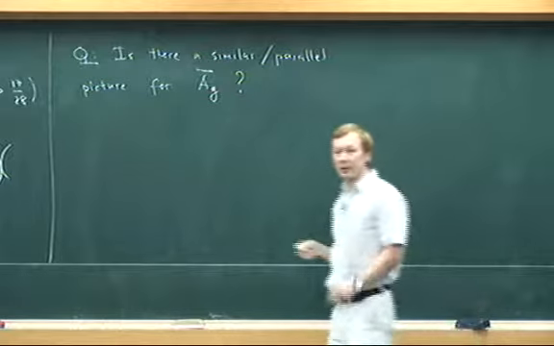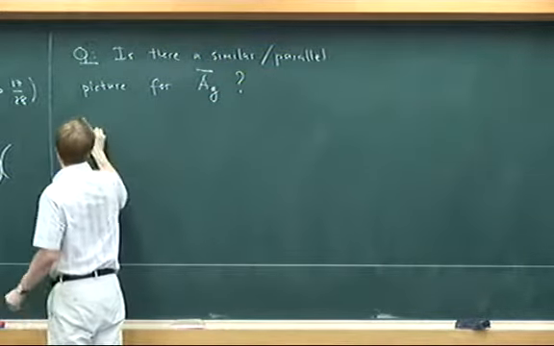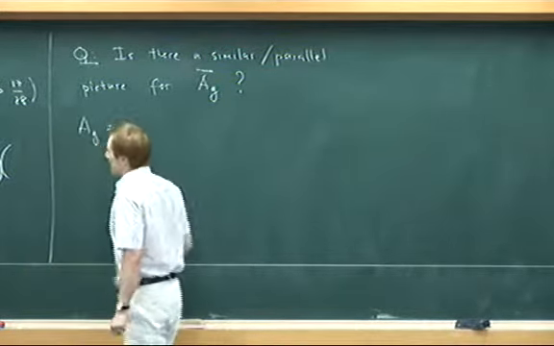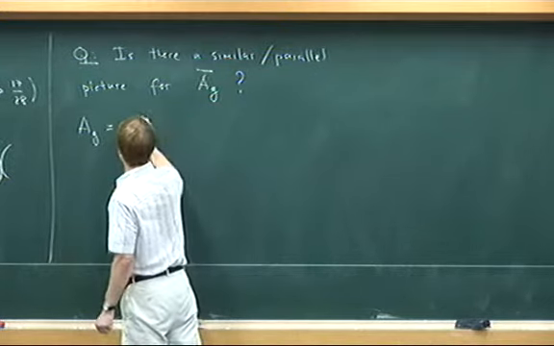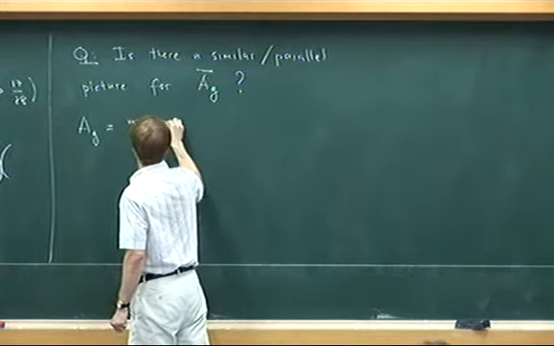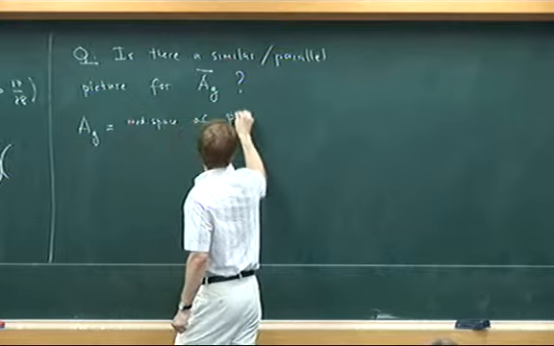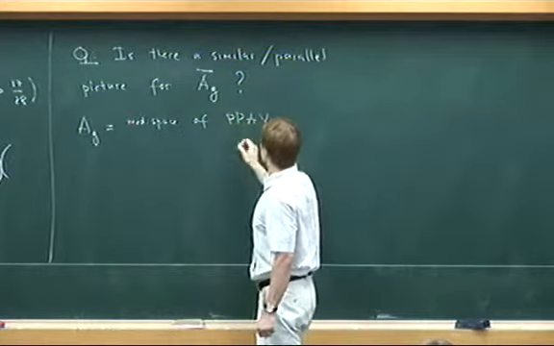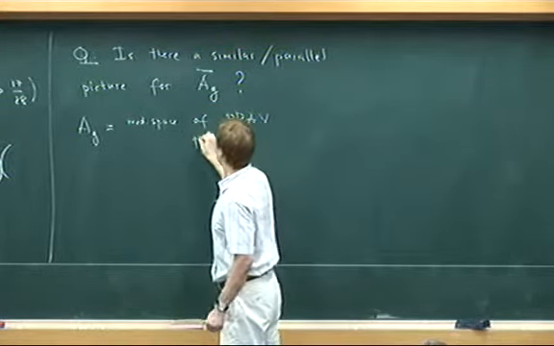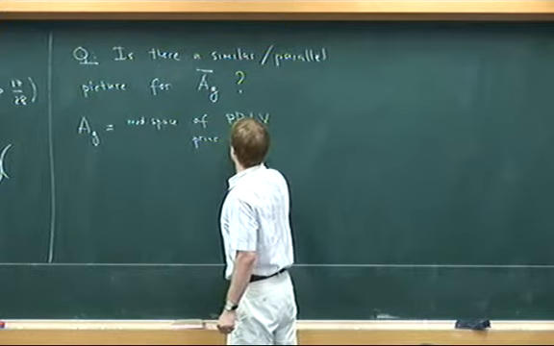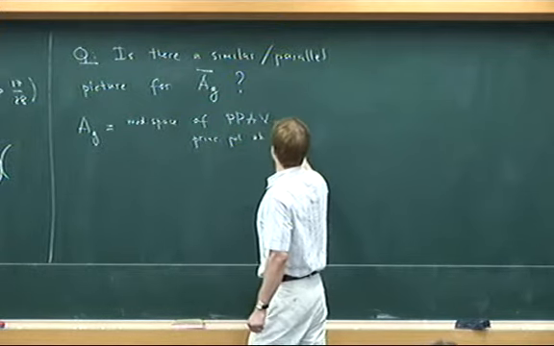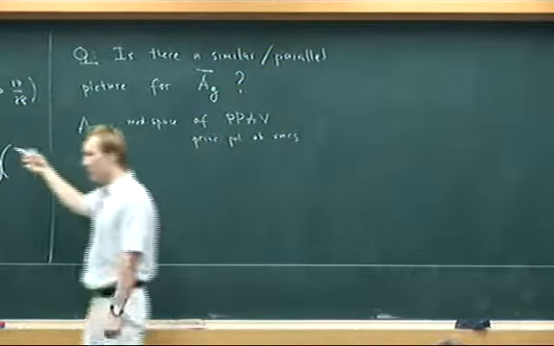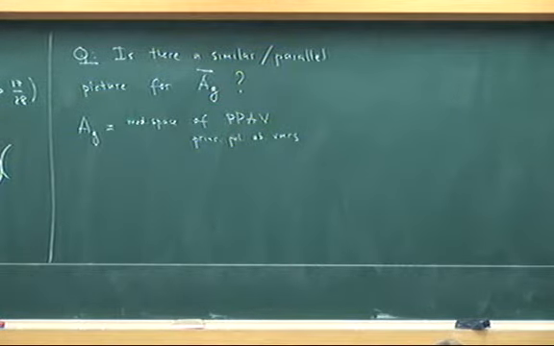And so let me remind that A_g is the moduli space of principally polarized abelian varieties. So after M_g bar, this is the next classical moduli space.